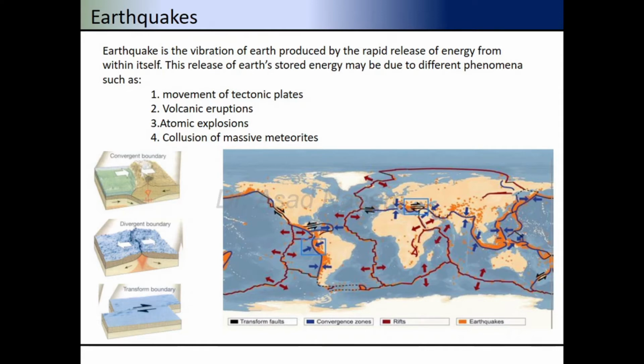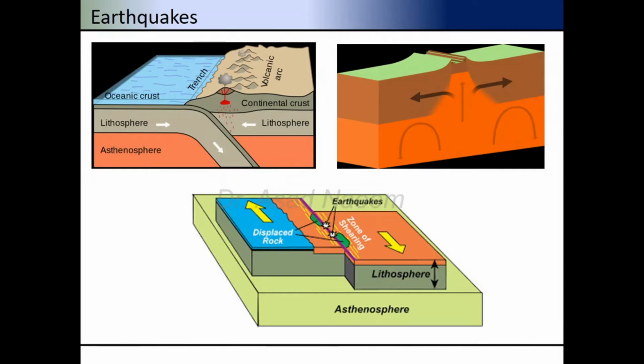There are different types of boundaries between the tectonic plates and the active fault lines. These are called convergent boundaries, divergent boundaries, and transform boundaries. A convergent plate boundary is a location where two tectonic plates are moving towards each other, often causing one plate to slide below the other.